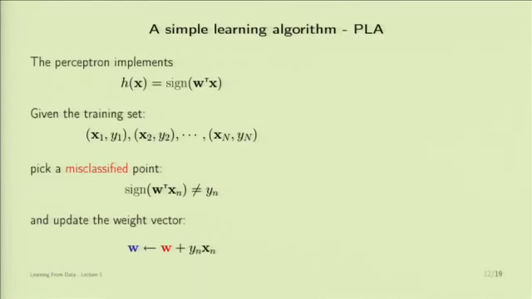Let me first try to explain the inner product in terms of agreement or disagreement. If you have the vector X and the vector W this way, their inner product will be positive, and the sign will give you a +1. If they are this way, the inner product will be negative, and the sign will be -1.